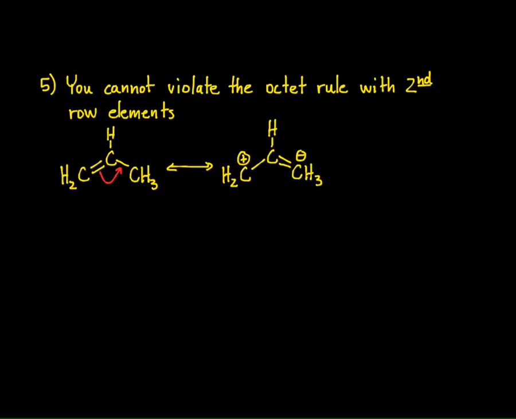That's 6 electrons. Plus it has 4 electrons from that double bond. That's 10, so it has a total of 5 bonds, which means it has 10 electrons around it. That violates the octet rule, and therefore this is not a resonance structure of propene.